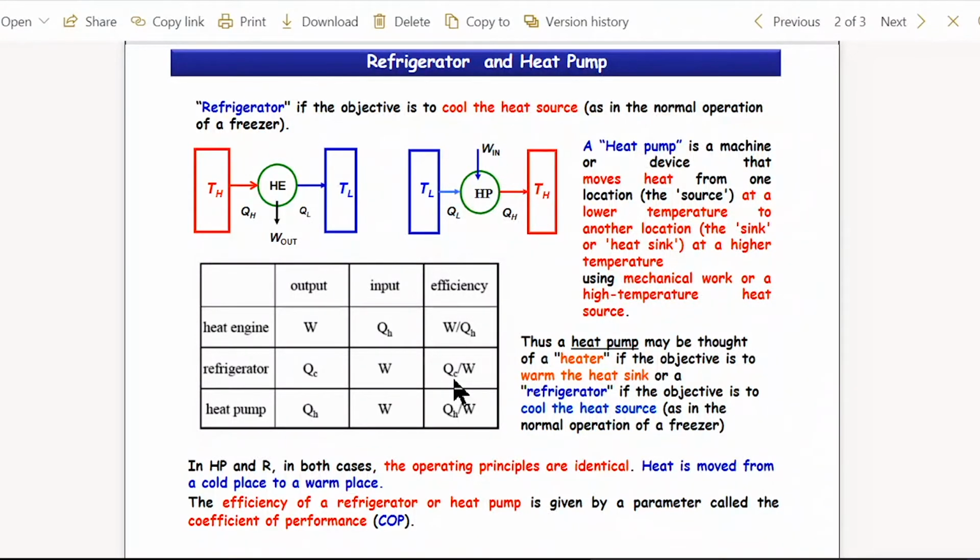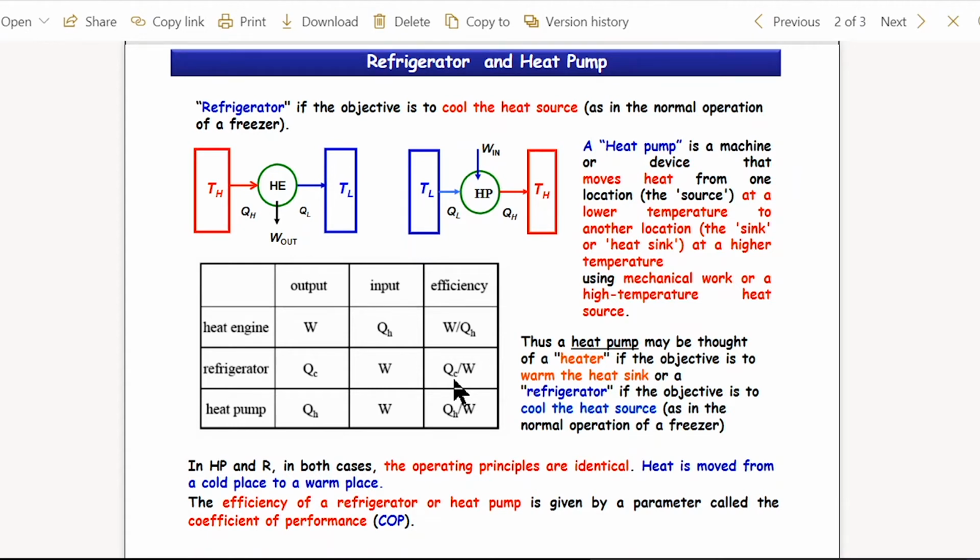What is the difference between a heat pump and the refrigerator? A heat pump is like a heater. What we are trying to do is heat up an environment, so the input here is again work, but the output is different.